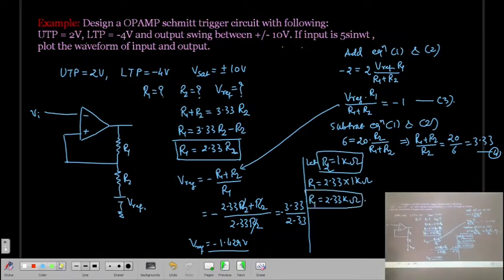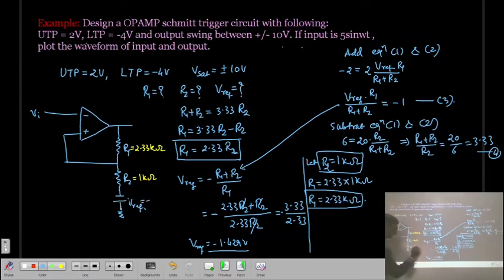So here, if we connect R1 equal to 2.33 kilo ohm, R2 is 1 kilo ohm, and the reference voltage, remember, reference voltage is negative. So I have to change the polarity of this battery, and this will be negative and this will be positive.